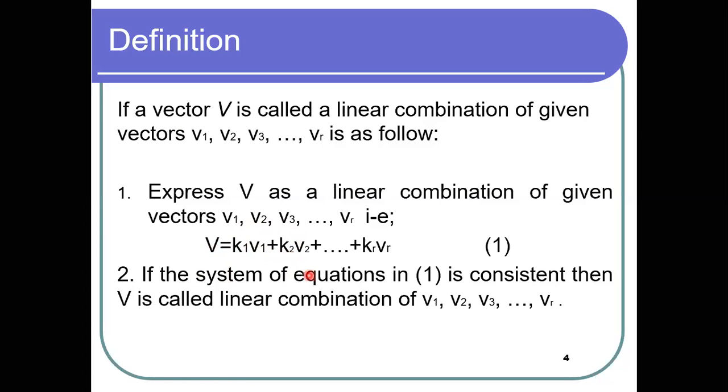If the system of equations is consistent, then we can say V is a linear combination of the R vectors. If we haven't found a consistent solution, then we can say the system is not consistent. As I told you in my previous classes, a consistent solution has two cases: one is a unique solution, and the second is infinitely many solutions. Both can be incorporated over here.